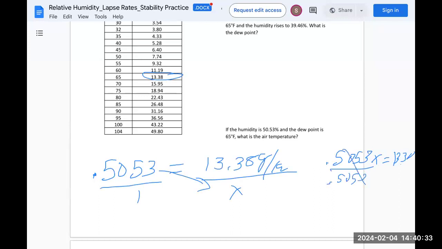That gets rid of that. So 13.38 divided by 0.5053 equals, and I get 26.48 grams per kilogram. And if I go to the table, 26.48, that is 85 degrees. So the answer would be 85 degrees Fahrenheit.